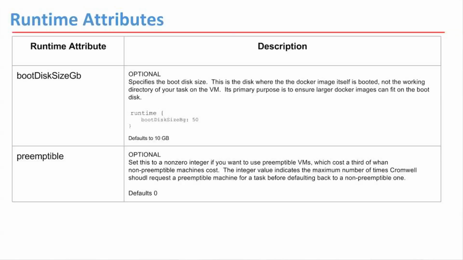But the preemptible runtime parameter specifies the number of times the system requests the use of a preemptible virtual machine before it then goes ahead and requests the use of the full cost machine. So if preemptible is set to 0, that means you're not going to use any preemptible VMs, and the system will automatically just use the more expensive virtual machine, and that's the default value.